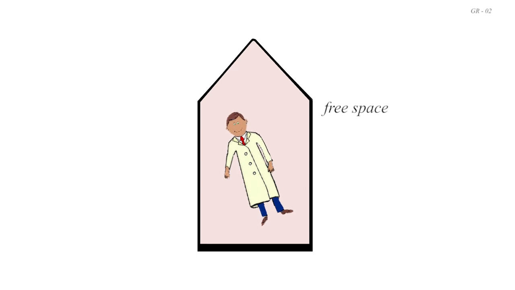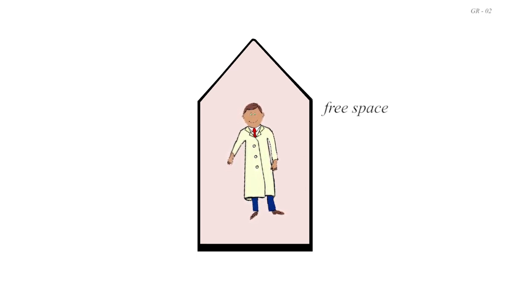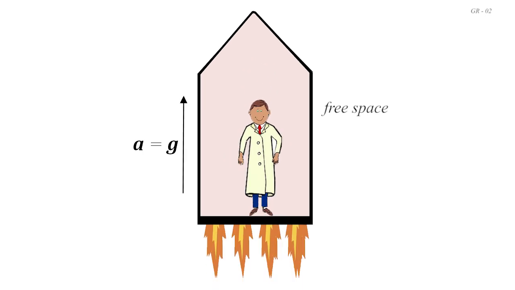However, if the rocket ship switched on its engines so that it was accelerating, let's say with a value of g, the same value of acceleration that we experience on Earth, the person in the spaceship would be pinned to the floor. This is because as the spaceship accelerates, the floor would hit the person's feet and keep on pushing on their feet in order that they also would accelerate in the same way as the spaceship, continuously.